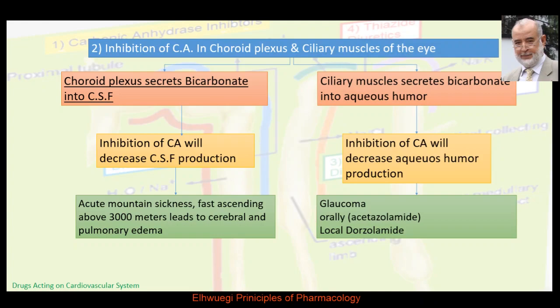Also, carbonic anhydrase is responsible for aqueous humor production, and this can be inhibited, and it is used in treatment of glaucoma. So this is the first group, the carbonic anhydrase inhibitors, and they have very important clinical applications.